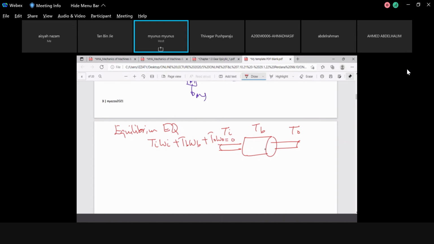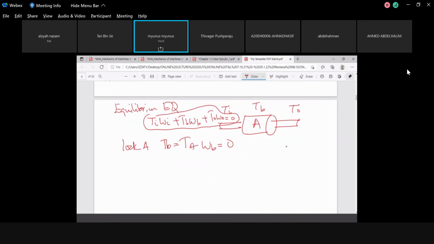This is the equilibrium equation. When you lock, supposing you lock A, for example, then Tb is equal to A and omega B equal to 0, correct? So there is no motion of the Tb. Therefore, you will have Ti omega I plus To omega O equal to 0.